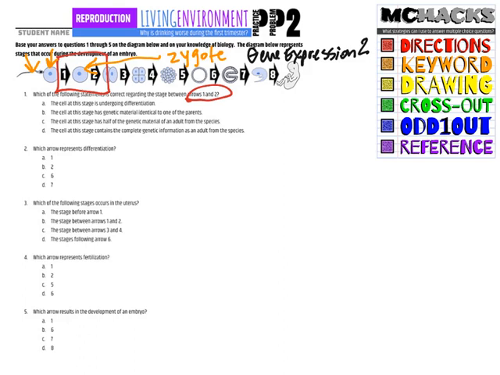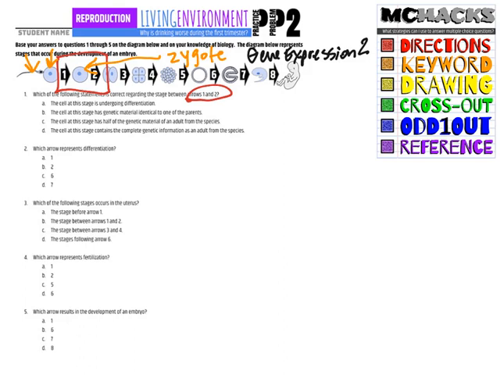A, the cell at this stage is undergoing differentiation. B, the cell at this stage has genetic material identical to one of the parents. C, the cell at this stage has half of the genetic material of an adult from the species. Or D, the cell at this stage contains the complete genetic information as an adult from the species.